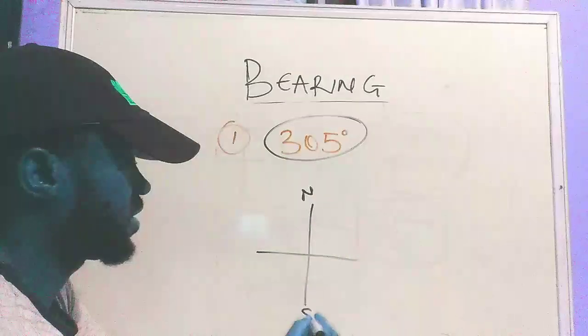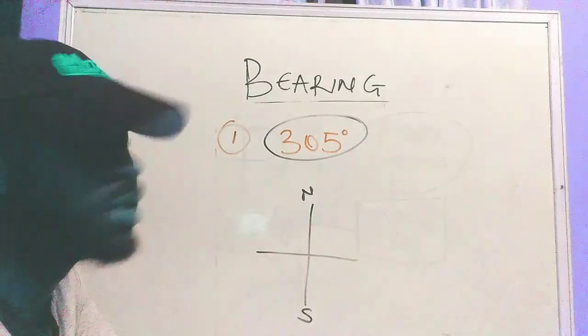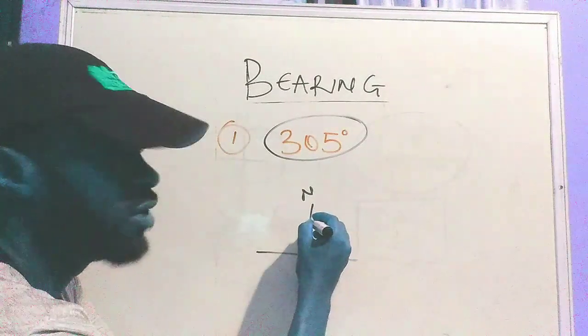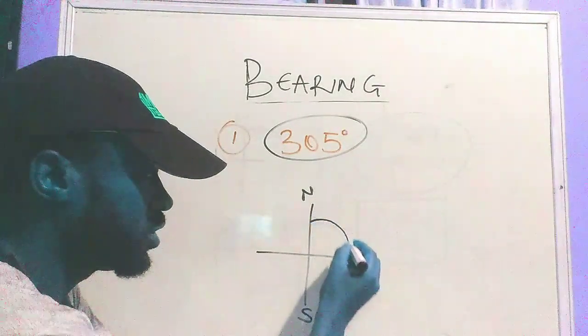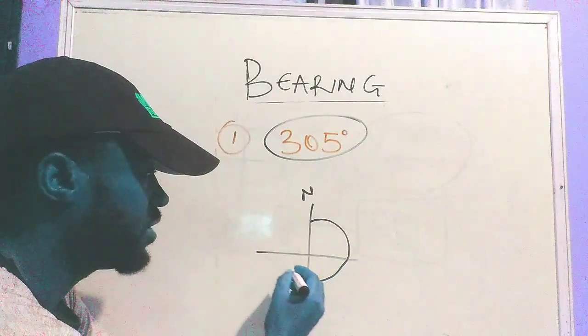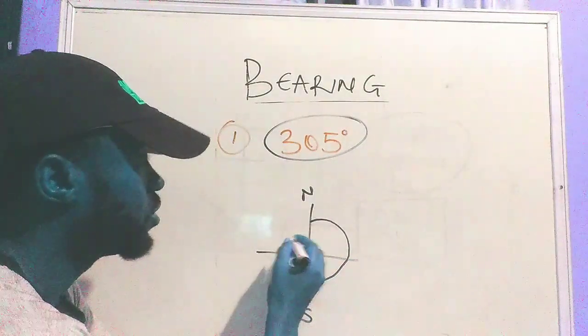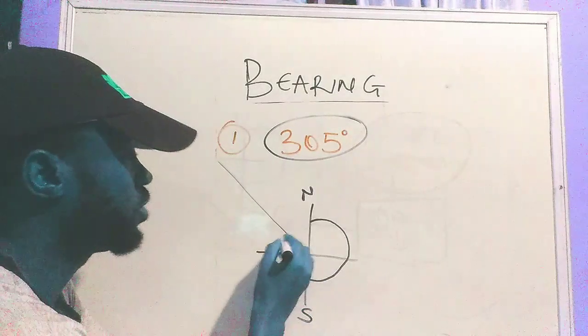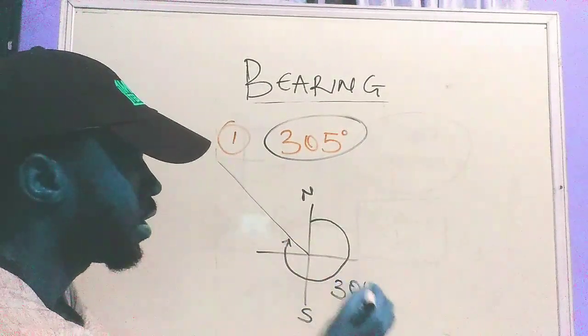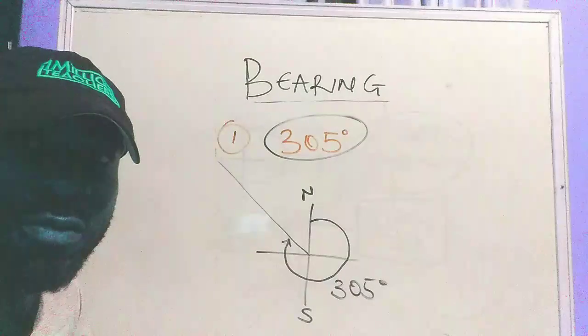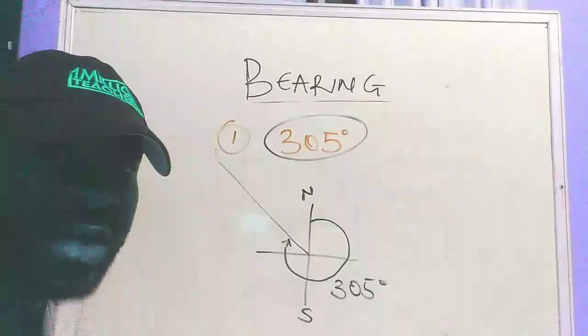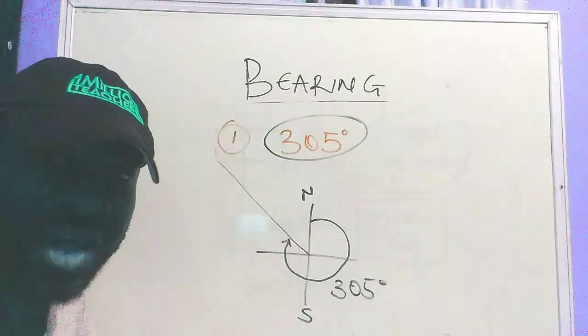These are north, these are south. Compass bearing and three-figure bearing will always start from the north and move in a clockwise direction. So 90, 180, 270. So 305 should be somewhere here. Now, to get the compass bearing, all you have to do at this time is to look for that acute angle.